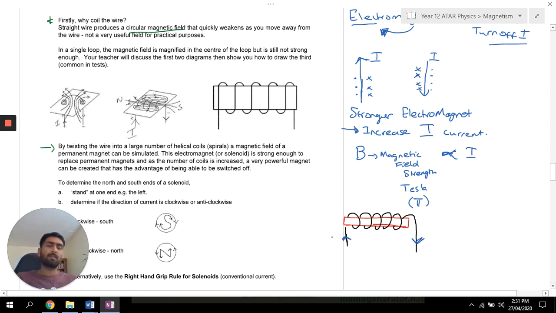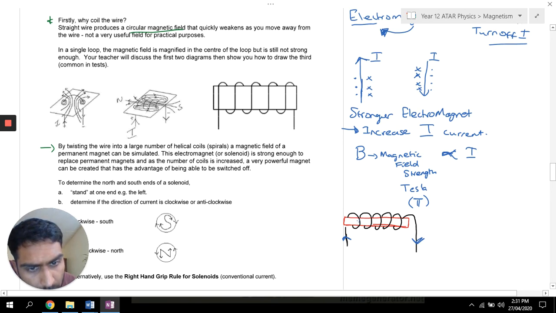There's two ways to find out how this magnetic field acts. It turns out that this solenoid actually acts like a bar magnet, and we'll see why. We found out that this current carrying wire, this individual little bit of wire, will have a circular field around it.